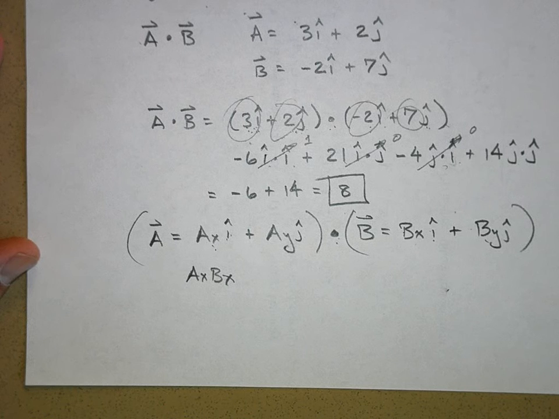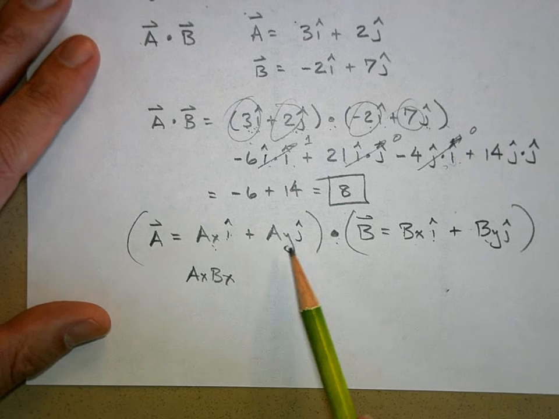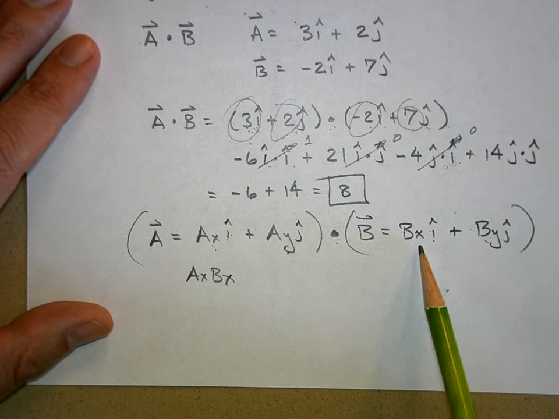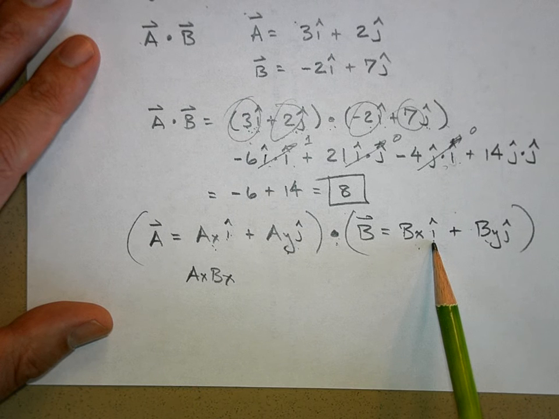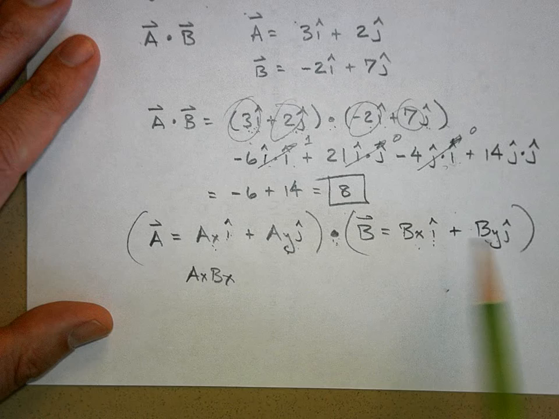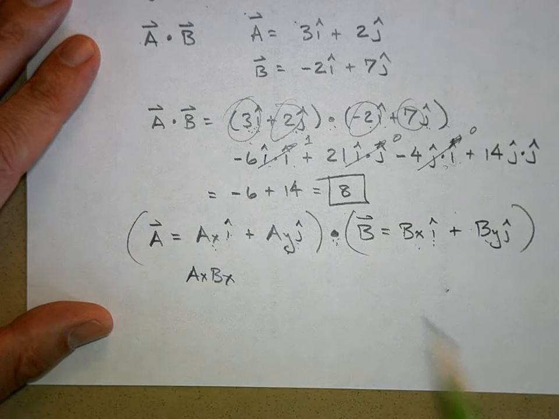That term is 0. Now let's do the second term here. Ay times Bx, I could write that down, but I've got a j dot i, which is 0. But here I've got Ay By, and I got a j dot j, which is 1. j dot j is 1.